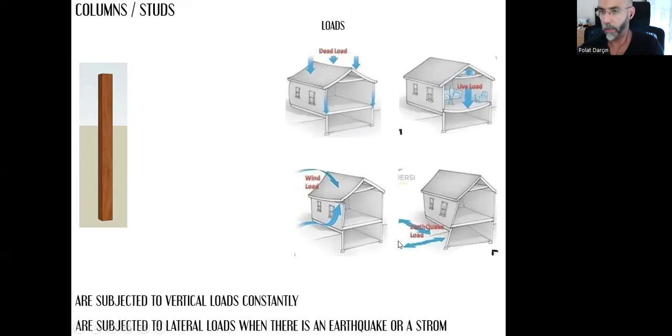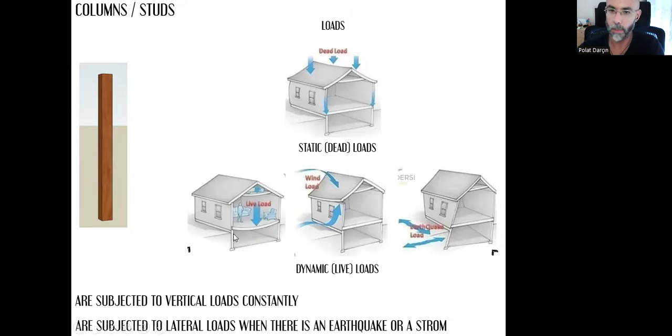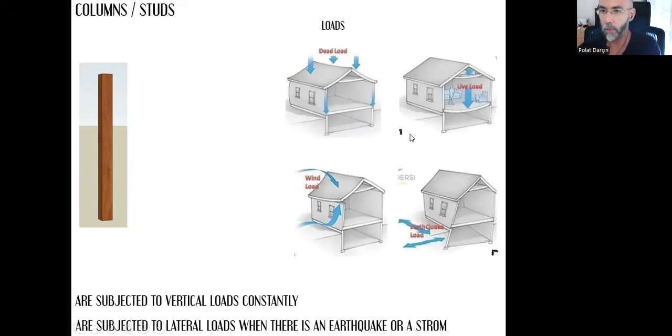So let's rearrange them. I will just take this one here up so that we can have two groups. First, the vertical loads and the lateral loads, or columns need to be created against them, to carry all these vertical and horizontal loads.